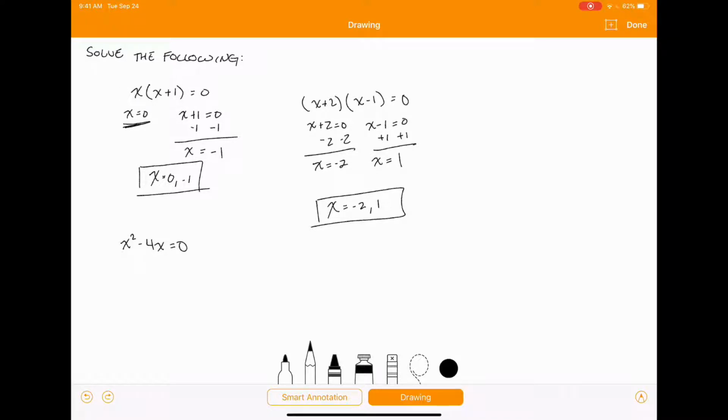So we're going to call that pulling out a factor. So you pretty much have to find a common factor between both of these terms, and then you can pull that out.